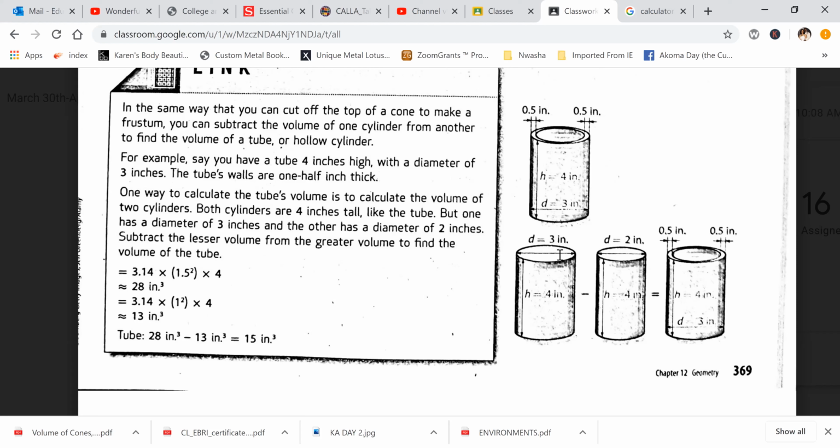Then you have the inside measurement that is taking account of how thick the wall is, right? And now you're seeing what would be the difference. So they've got the volume of the larger cylinder minus the volume of the smaller one equals the tube that you're talking about. Any questions about this one? It's kind of similar to what they already said.